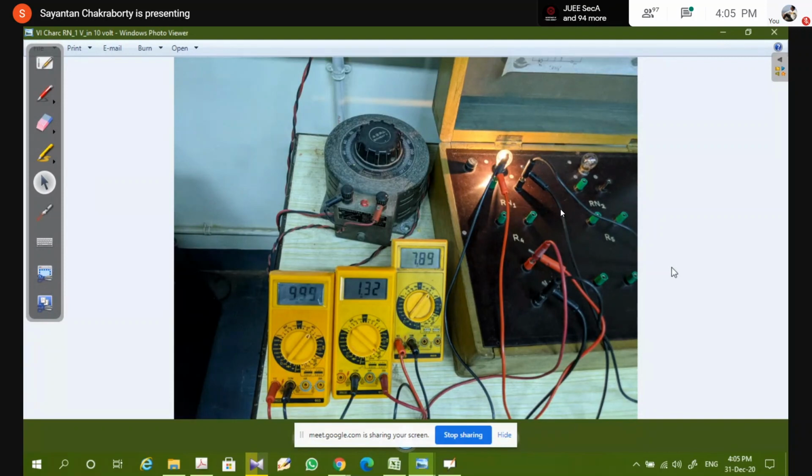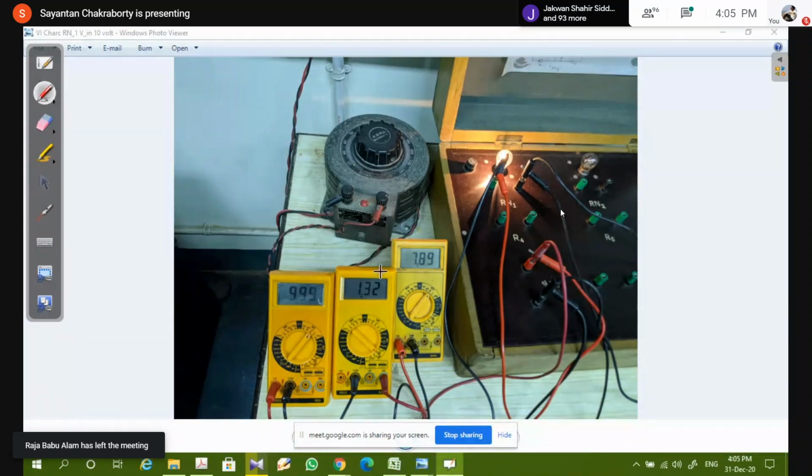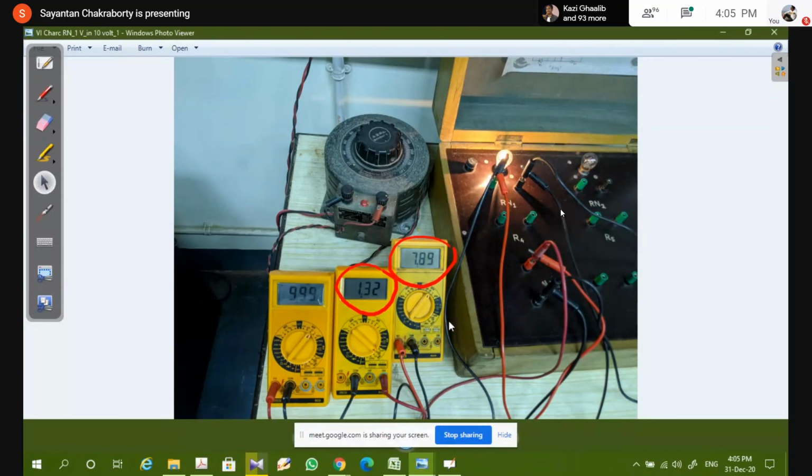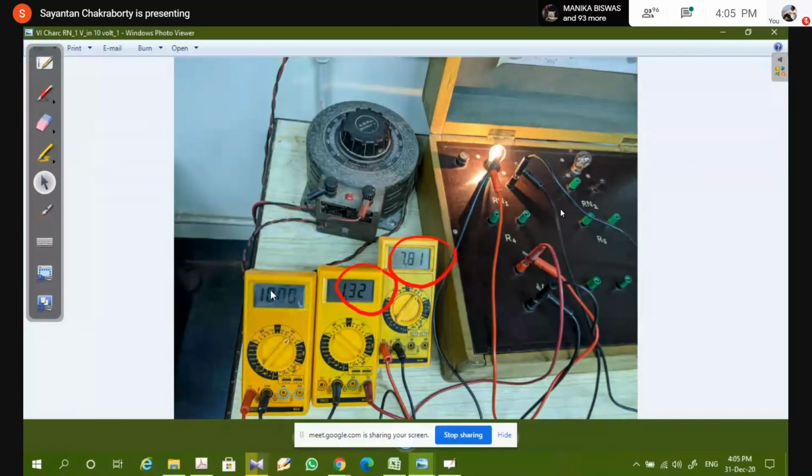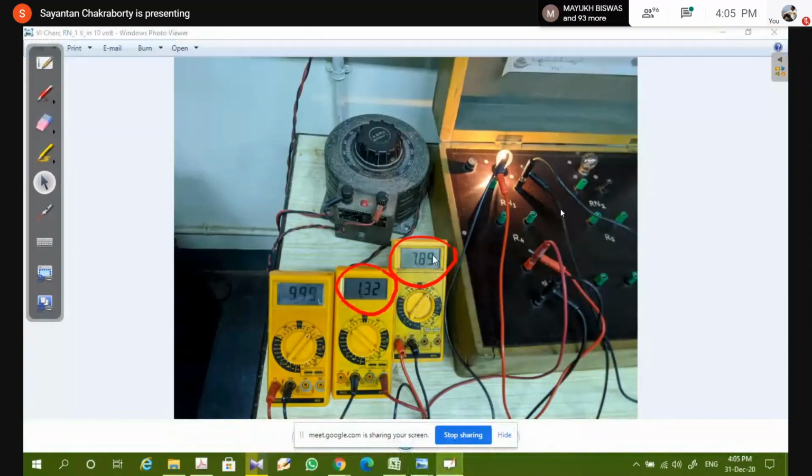There are two values near 10 volt. See, this is 9.99. If you look at the values, it's 1.32 and 7.89, right? Slightly after a few moments, it has gone to 10 volt, but this value has changed.